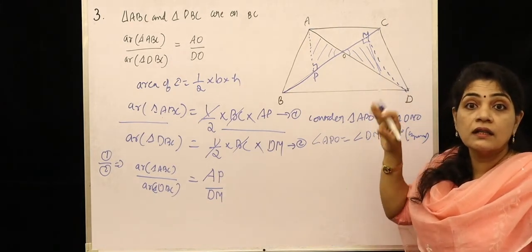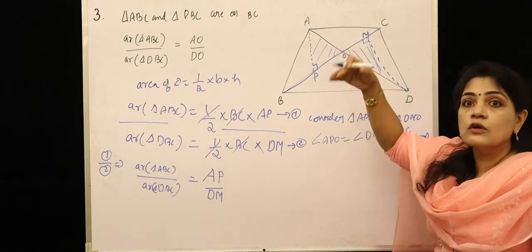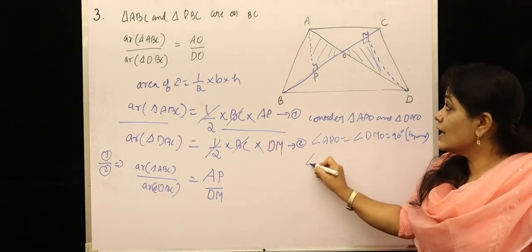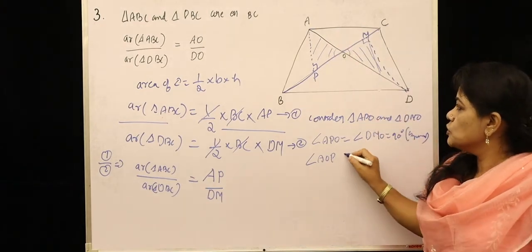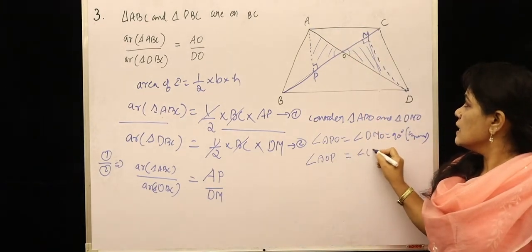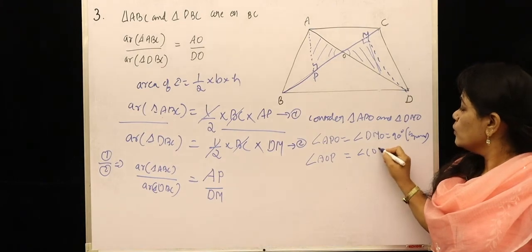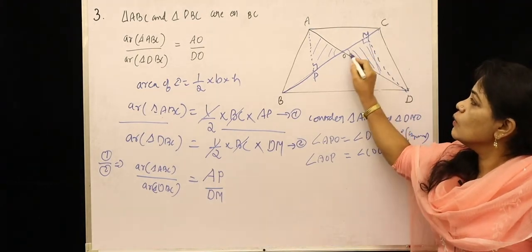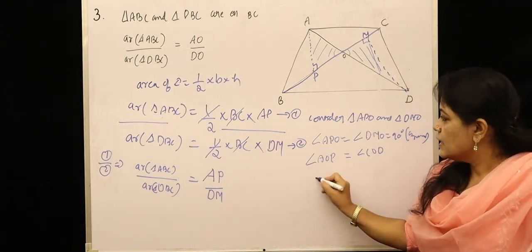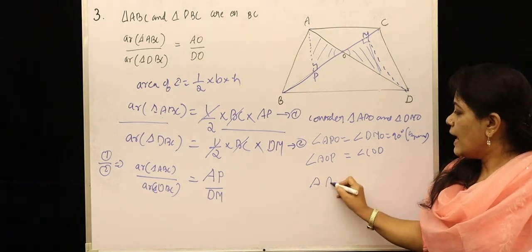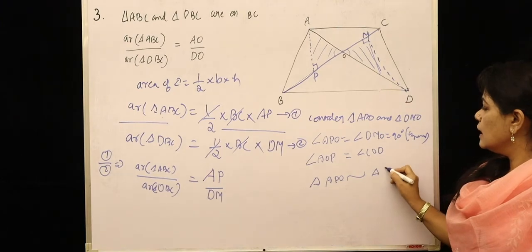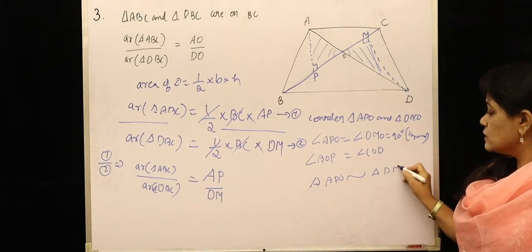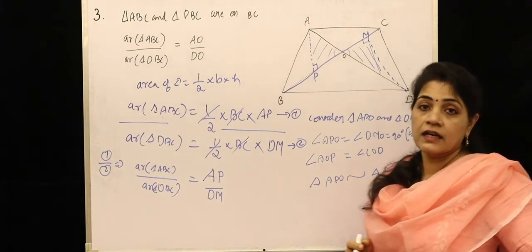And these are the angles of these two triangles. So that means angle AOP equal to angle DOM. That means triangle APO is similar to triangle DMO.